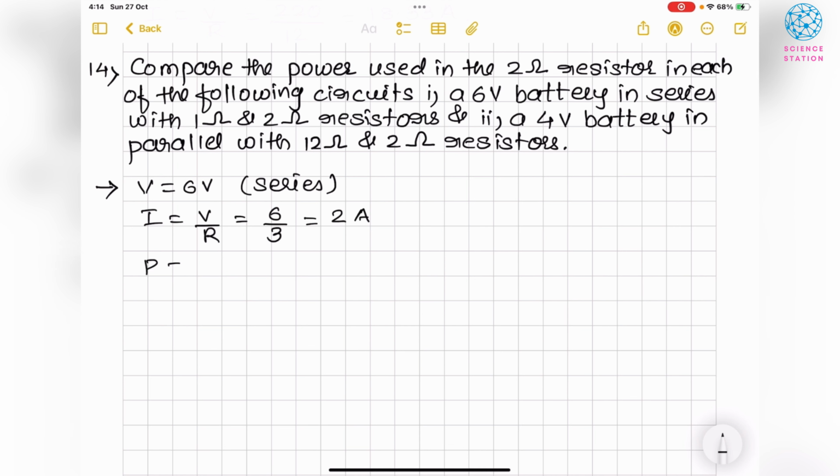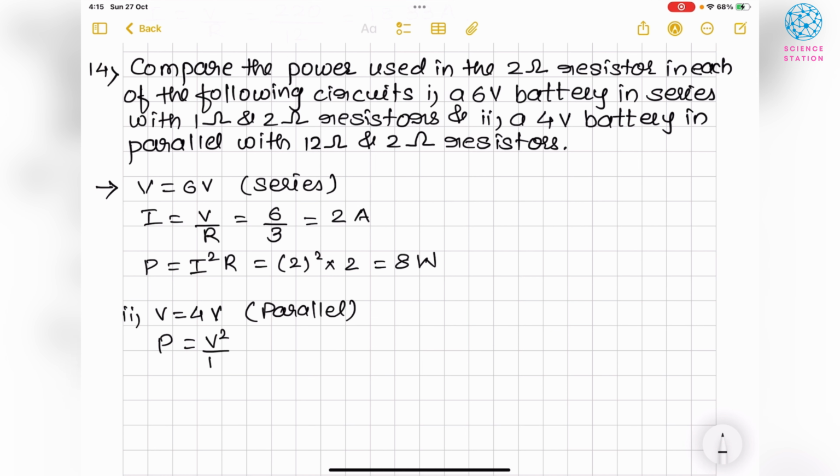So now P equal to I square R, so that will be 2 square into resistance 2, so 8 watt. Now in the second case V equal to 4 volt, and here parallel I have arranged. So P equal to V square by R, so that will be 4 square upon 2, so 16 by 2, so that is 8 watt.